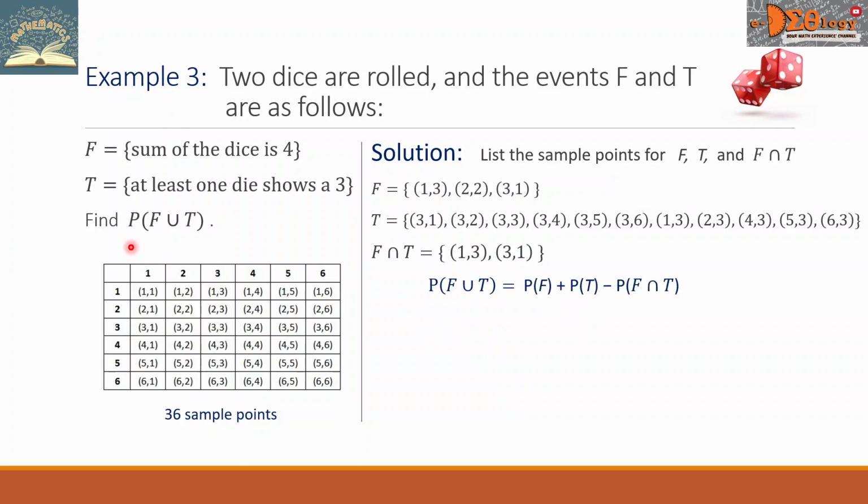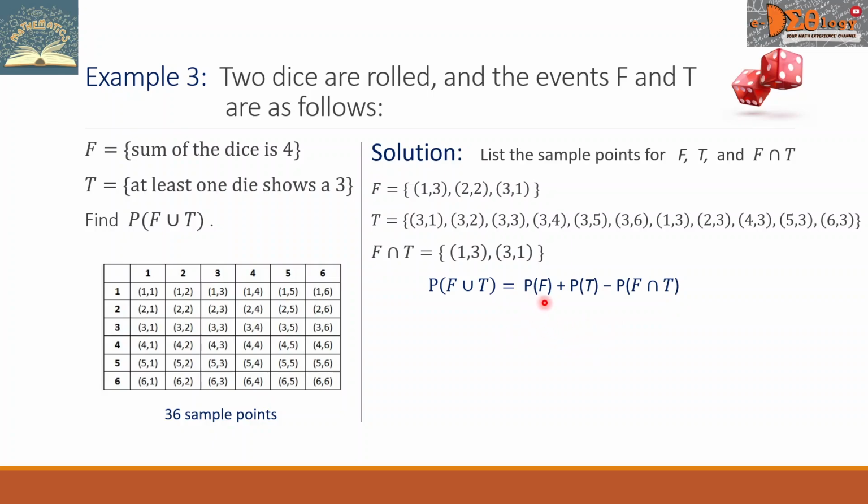Now we solve for the probability of F union T. Using the addition rule, the formula is P of F plus P of T minus P of the intersection of F, T. Let us substitute the values.